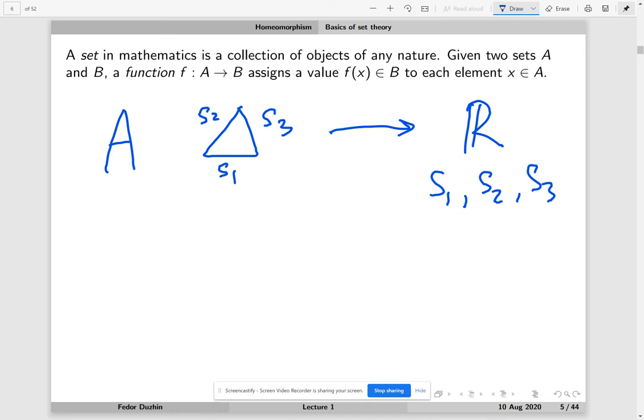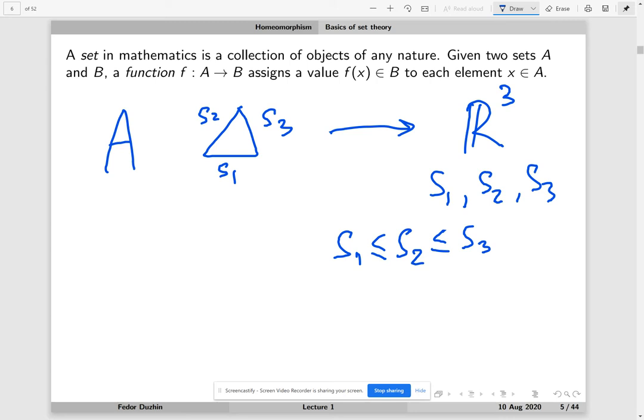However, we can construct a valid function from the set of triangles to the set of triples of real numbers that assigns to every triangle the triple S1, S2, S3. If we arrange them to be consistent, we need to always sort them in the increasing order. So S1 is less than or equal to S2, less than or equal to S3. So this is a well-defined function, right?